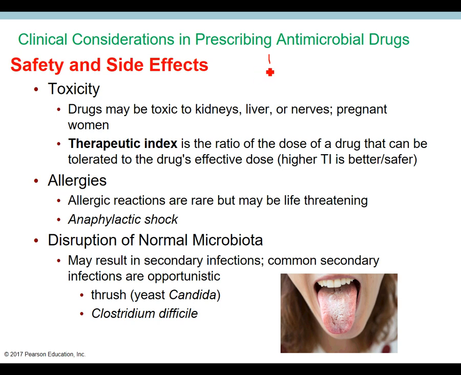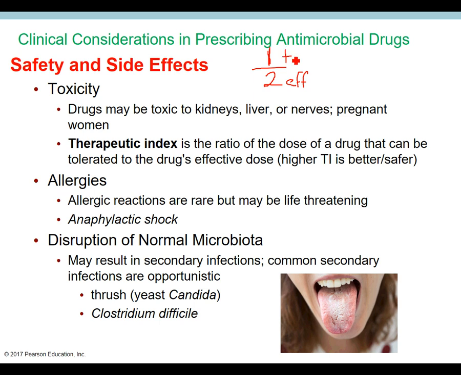If only 1 milligram of the drug can be tolerated by the patient, but you need 2 milligrams for the drug to be effective, that's going to be a problem, because after you give them 1 milligram, maybe there's going to be bad side effects, but you really need to get up to 2 for it to be effective. So the denominator is the amount you need it to be effective.